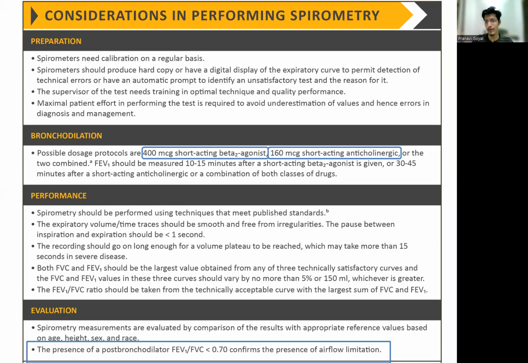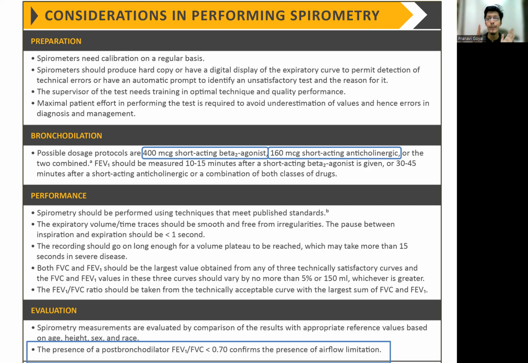Now, while performing spirometry, this becomes very important: first of all you have to give the patient a short-acting bronchodilator and a short-acting anticholinergic, 500 microgram of SABA and 160 microgram of short-acting anticholinergic. And after 10 to 15 minutes of SABA and 30 to 45 minutes of short-acting anticholinergic, you have to go for a spirometry.